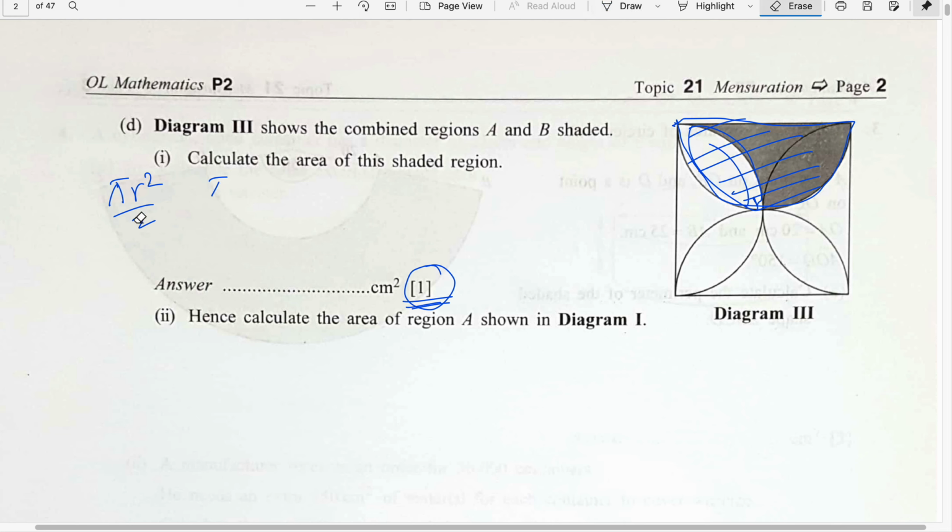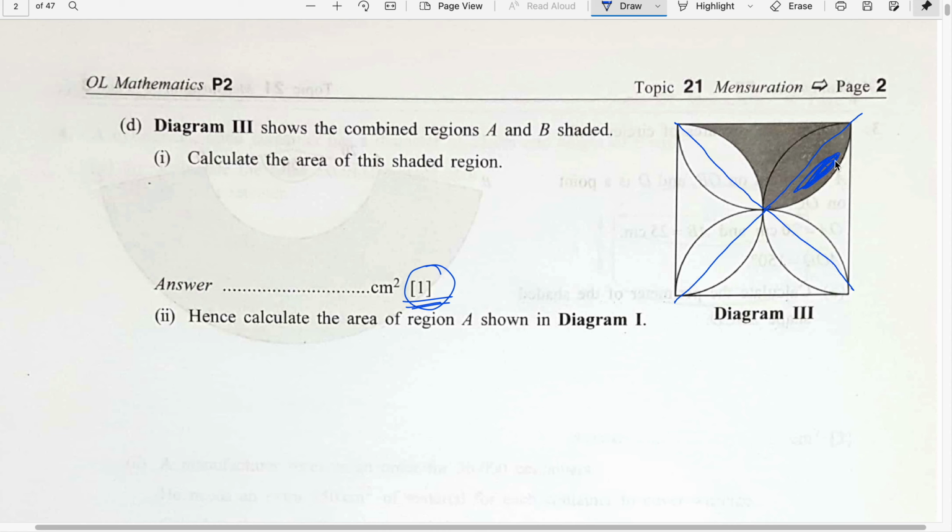Now look at this thing. What if I just slice it this way? Second slice, and I tell you to copy this shaded part right here. Will it exactly fit this part?